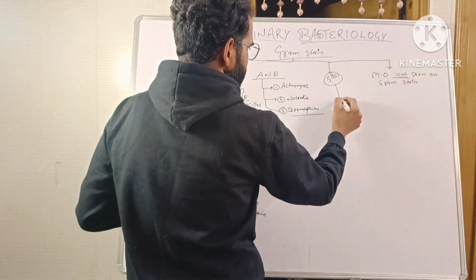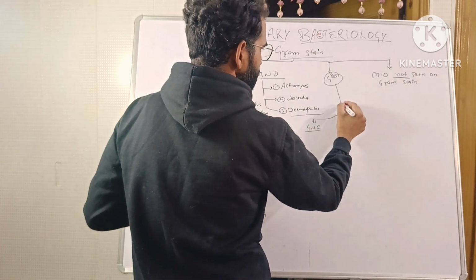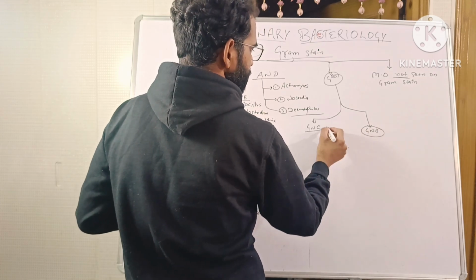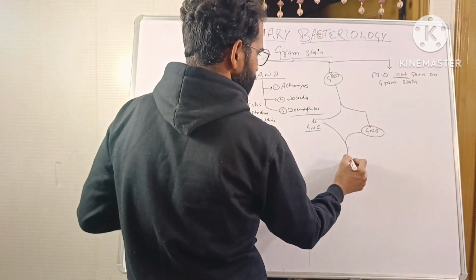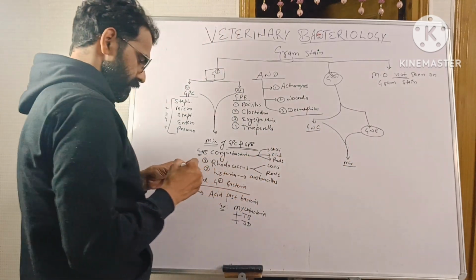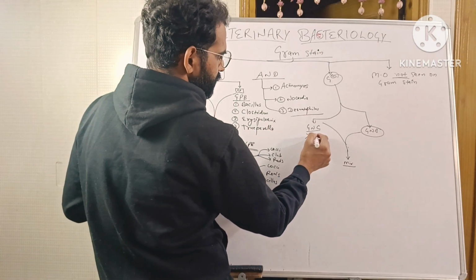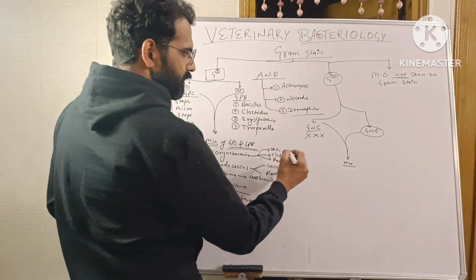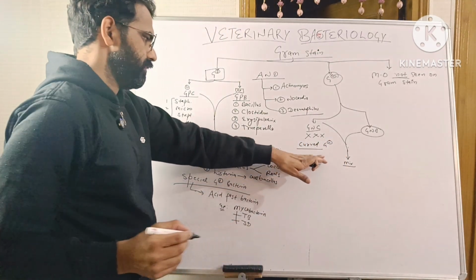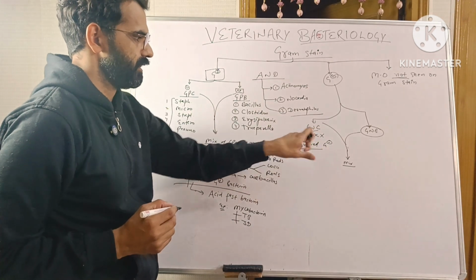So gram negative bacteria: gram negative cocci, gram negative bacilli, and their mixture. Among bacteria of veterinary importance, they do not exist in gram negative cocci form, but we have curved gram negative bacteria instead of gram negative cocci.